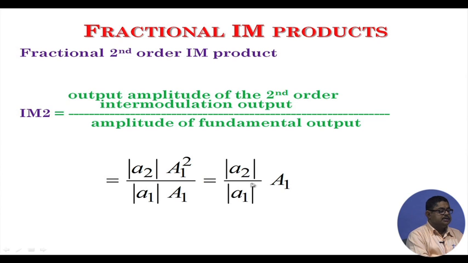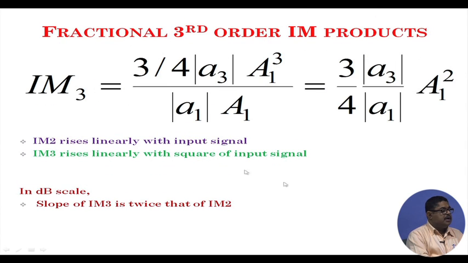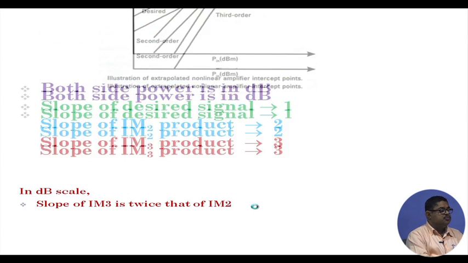These are constant, system constant, but IM3 rises linearly with square of input signal. So, that is the thing. Now, if I convert this same thing to dB scale, slope of IM3 is twice that of IM2. Because of this A1 square, I can say that slope of IM3 is twice that of IM2.